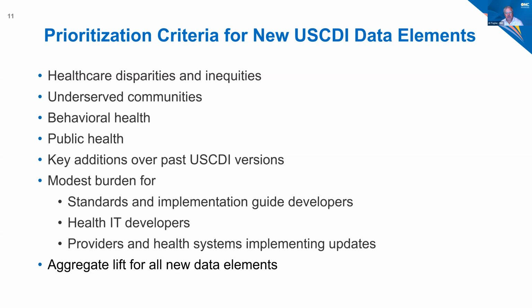The other criteria that we use to select amongst the data elements for addition to USCDI include some technical priorities, really centered around picking data that is reasonably expected to be able to be integrated into health IT appropriately. Sometimes it's already being used. Sometimes it needs some technical development in order to be represented in health IT, and then to be adopted into the implementation guides that are used to exchange USCDI data.